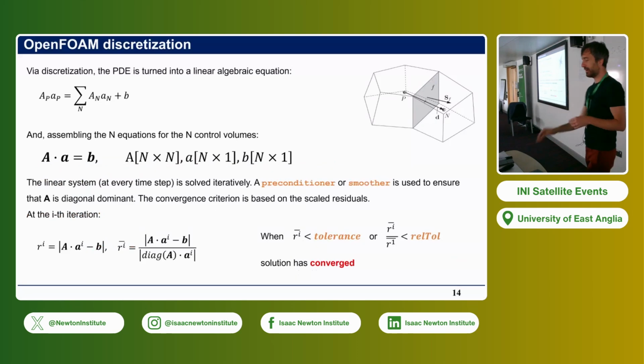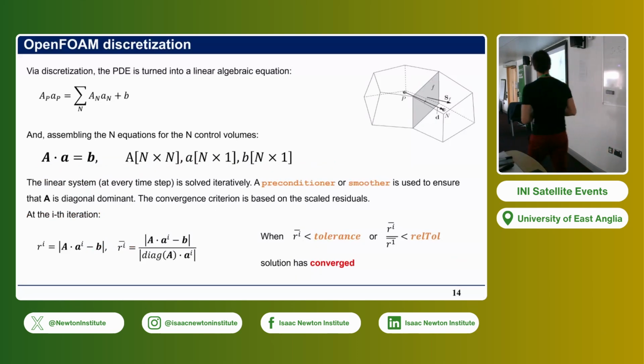Now, once you discretize all the equations, you know that your generic PDE is turned into a linear system of equations, and you can write it in a matricial form this way. Your linear system of equations will form a big square n times n matrix, where N is the number of cells, and you need to tell OpenFOAM which linear solver to use.